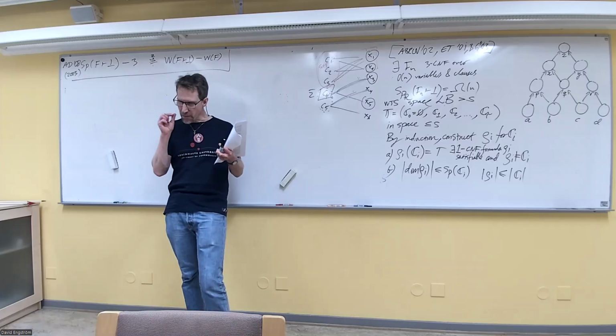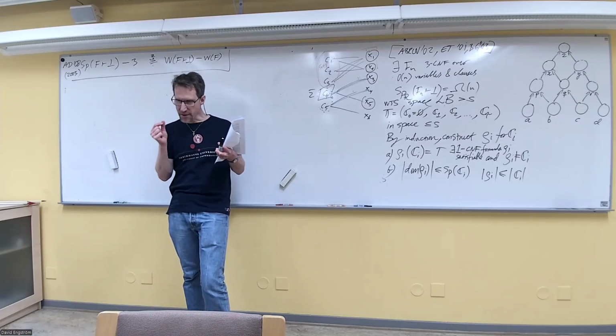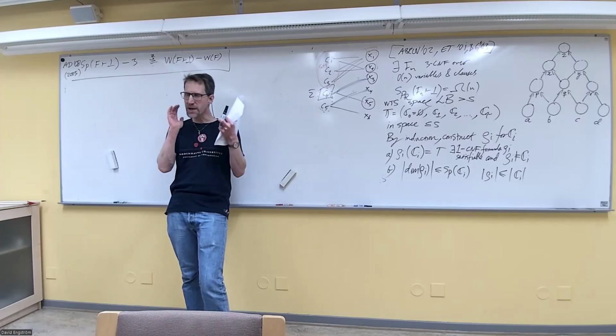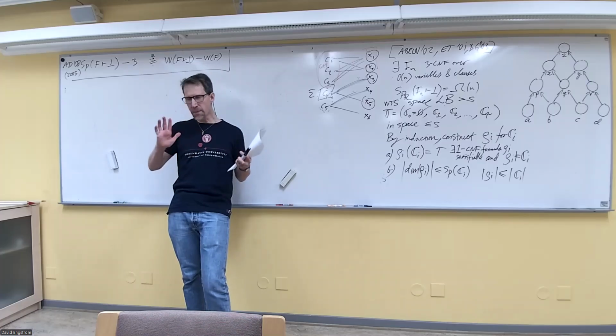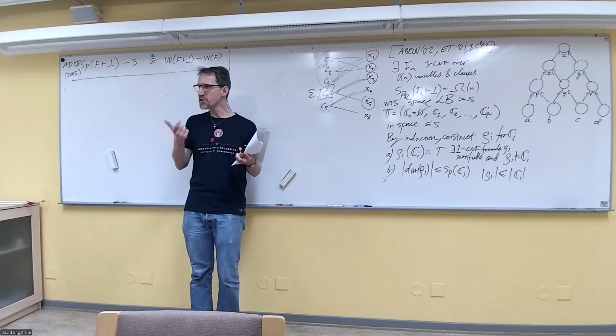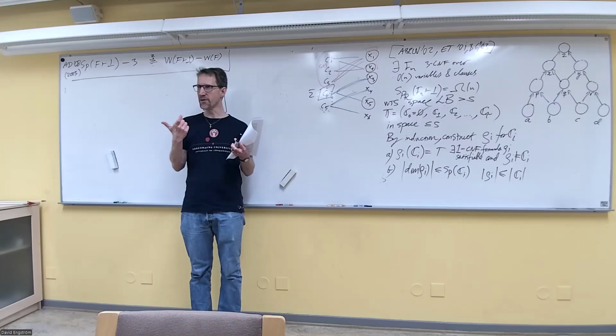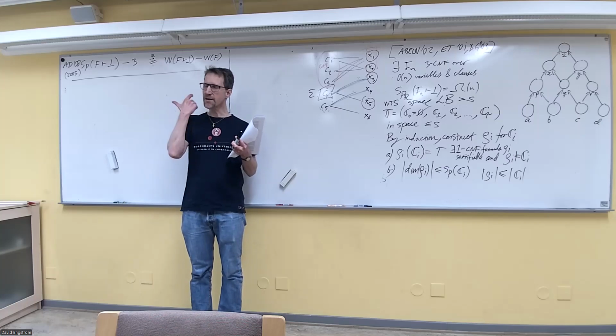And so what we're going to measure now in terms of prosecutor-defendant games is prosecutor memory. We're not measuring now the number of records, we're measuring the size of the partial truth value assignment. So we're going to say that the prosecutor is limited to remembering p variables at any one given time.